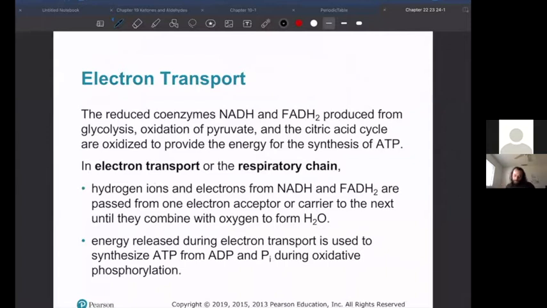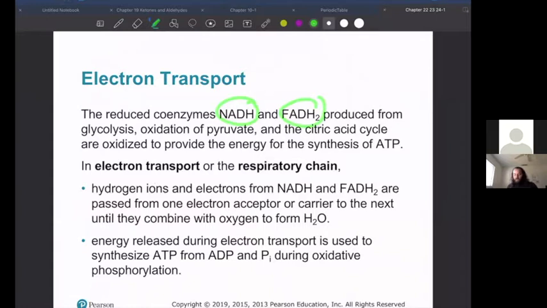Okay, so this happens within the mitochondria as well. We're still in the mitochondria here. We have these coenzymes that have been produced on every step along the way, right? Each one of those steps that I outlined on the previous slide has generated some amount of NADH and FADH.